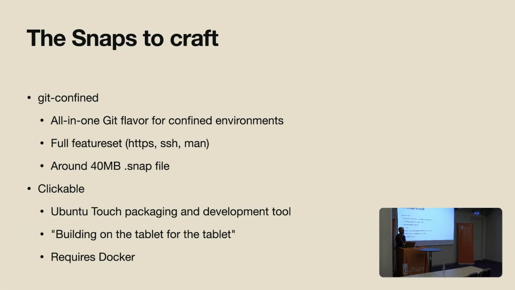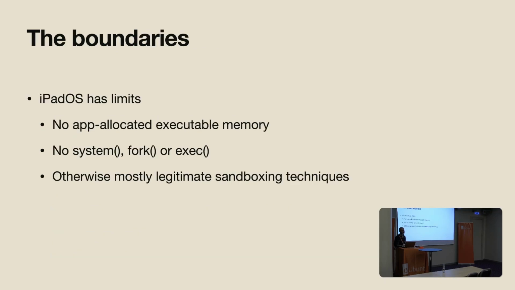It requires Docker, so there is some issue at the moment which makes it hard to pull off on a tablet, but with a little bit of tricking, it works, and I will show you later on how that is possible. Those are the snaps that we want to craft now. How about the boundaries that we are working within?